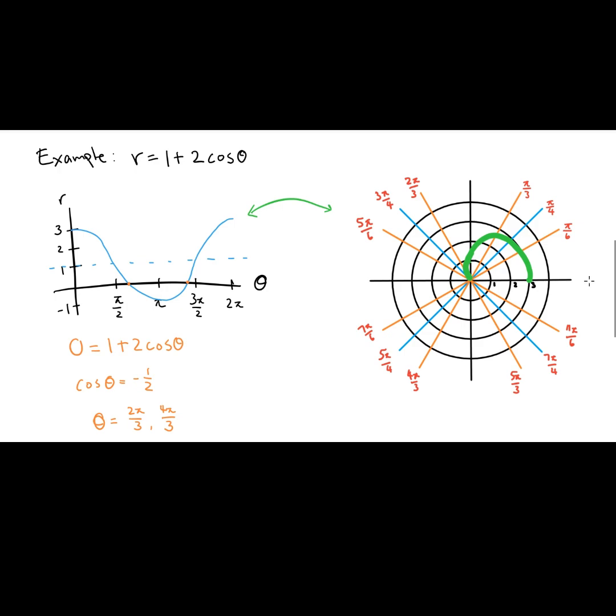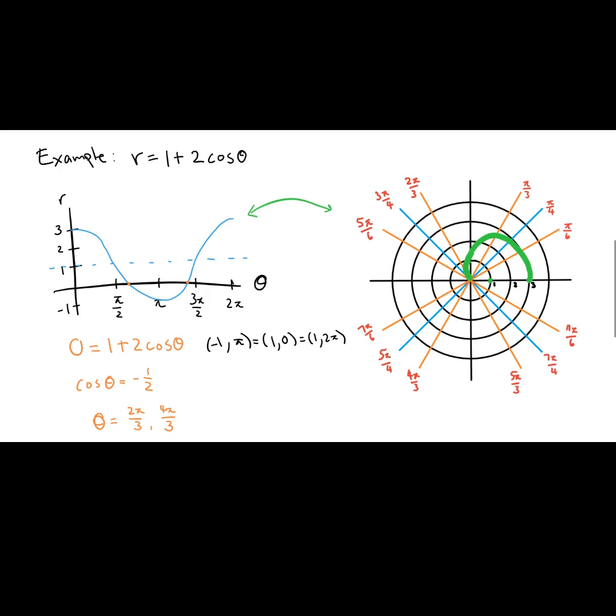A concept to understand is that a negative radius is equivalent to a positive radius with the theta value being plus or minus pi. So in this case, we can say that negative 1 comma pi is equal to 1 comma 0 or 1 comma 2 pi, however you like to think about it, because 0 and 2 pi are the same angle measure. So this just means that we want the graph to get to this green point.